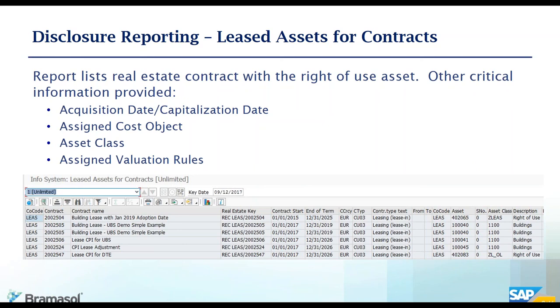But the second part of this whole report is also being able to understand the values, the valuation cash flow values. And that's what you see below. So we see here just one contract.